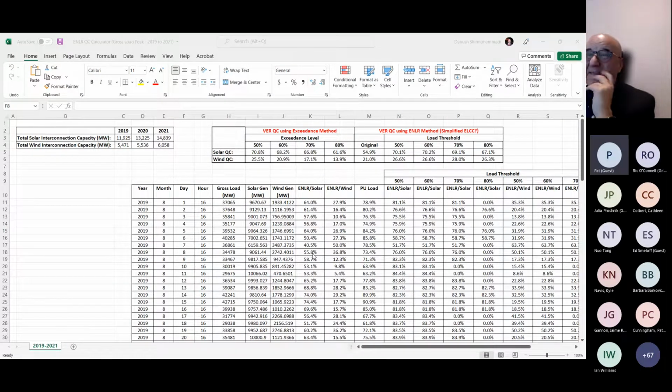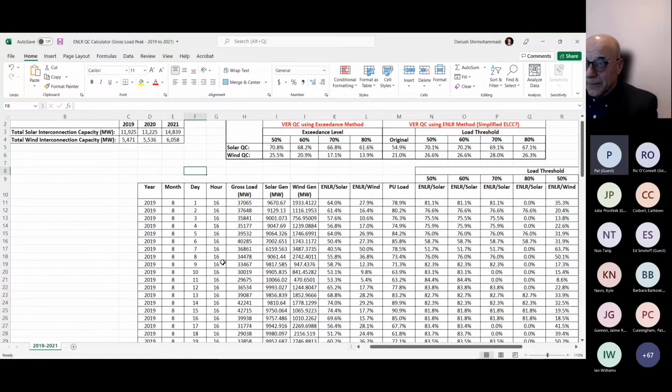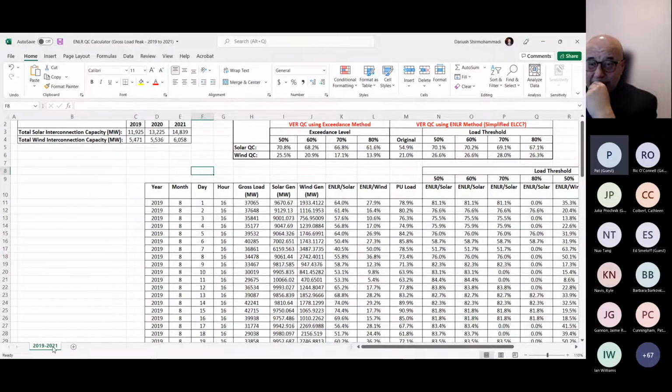Unfortunately, this is... I don't know how to do this any better, but I just wanted to let you know these are presumably the actual data that exists between years 2019 and 2021.